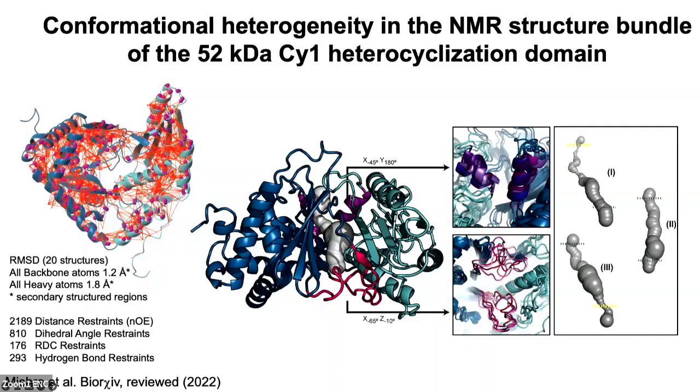Now, you also see some sort of tunnel right there, and I'll come to that in a second, and there's some heterogeneity in access to that tunnel. This tunnel has been seen in other crystal structures, but this tunnel hypothesis of accessing the active site, which by the way is approximately the center of this protein, has some issues. If you remember my first slide, those NRP peptides can get pretty long.